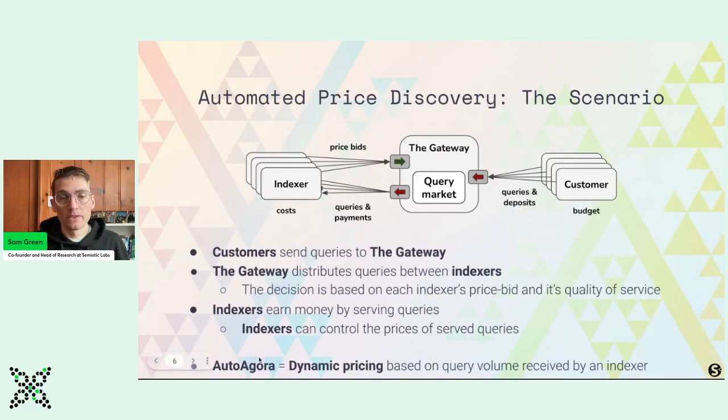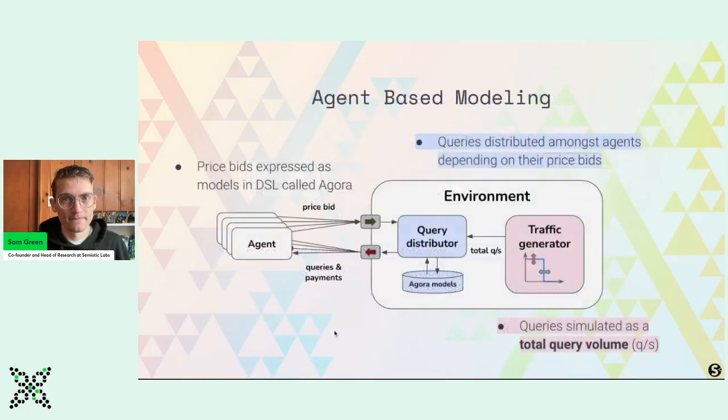This talk is about a tool that we have been building, that we've deployed into production. It's called AutoAgora, and it does dynamic pricing based on the query volume received by an indexer. We used agent-based modeling during the development of AutoAgora.